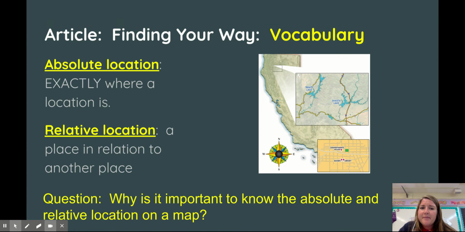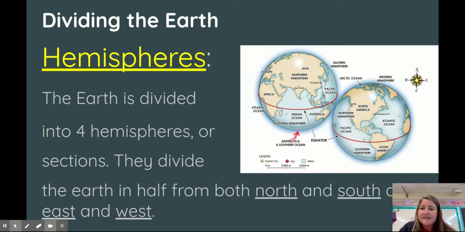Okay, so I'm going to skip through this and go to this slide. Hemispheres. The Earth is divided into 4 hemispheres or sections. They divide the Earth in half from both north and south and east and west.